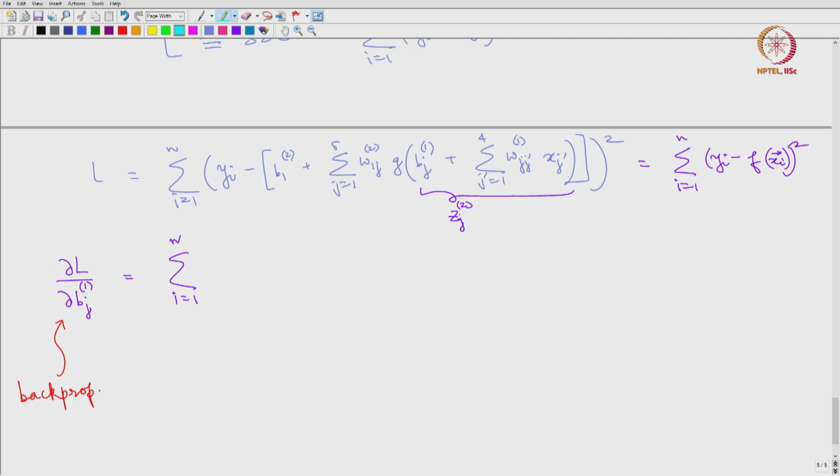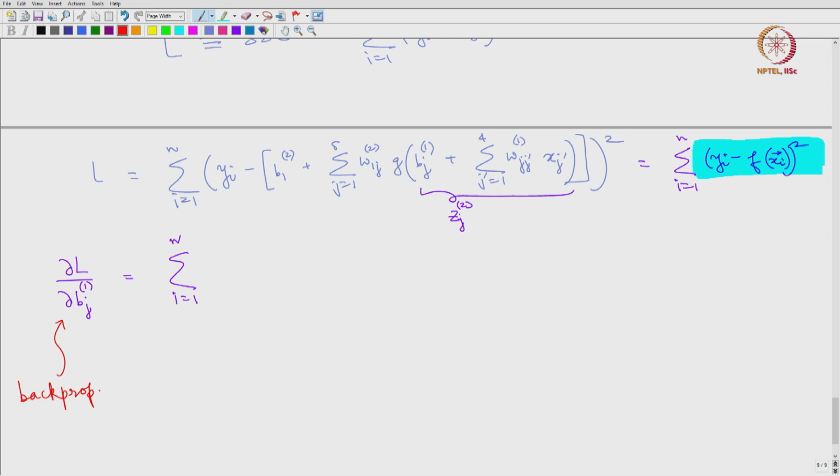Because if you see, you have y_i minus f of x, whole squared. So, if you want to differentiate this, you will first have to differentiate whatever is inside. You will have to differentiate this whole function with respect to what is inside, and then you will have to differentiate what is inside with respect to the independent variable there, and keep on continuing this.